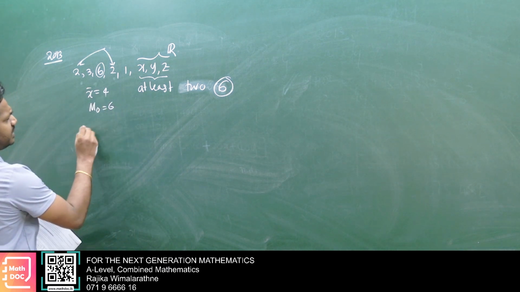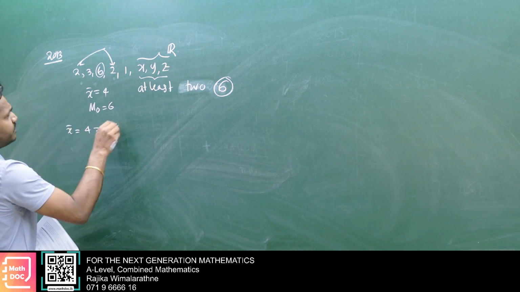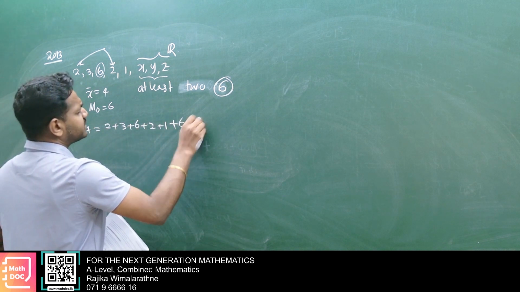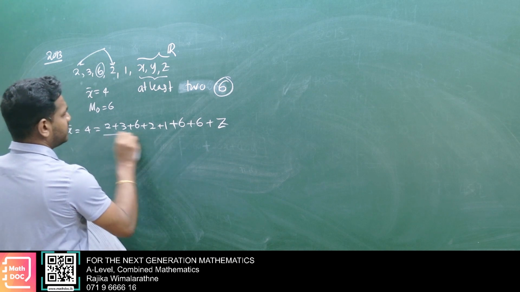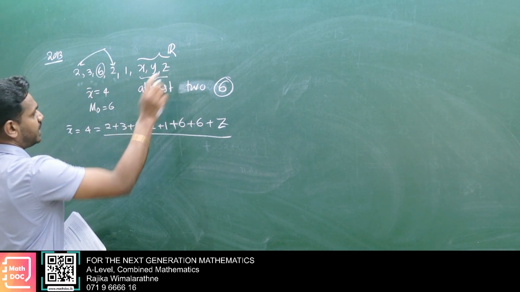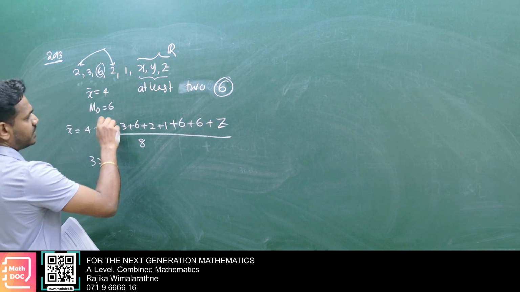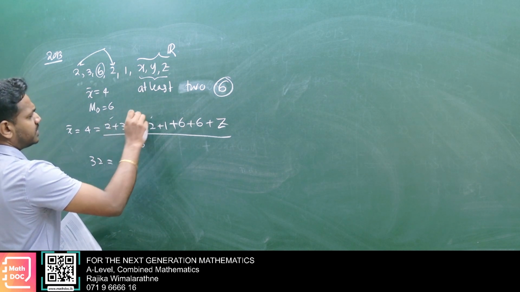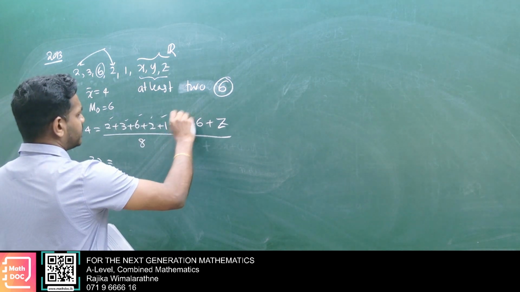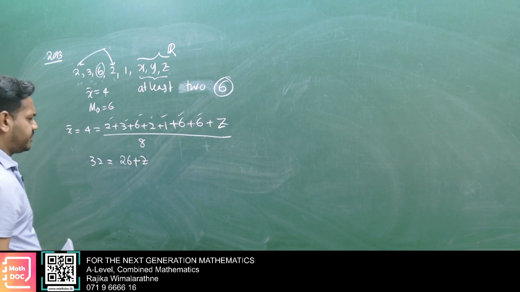Now write the mean. Mean 4 equals 2 plus 3 plus 6 plus 2 plus 1 plus 6 plus 6 plus z over 8. 32 equals 26 plus z.